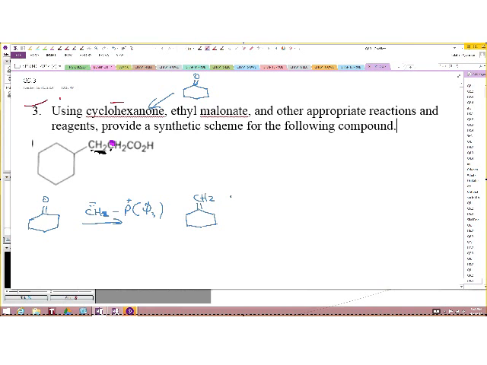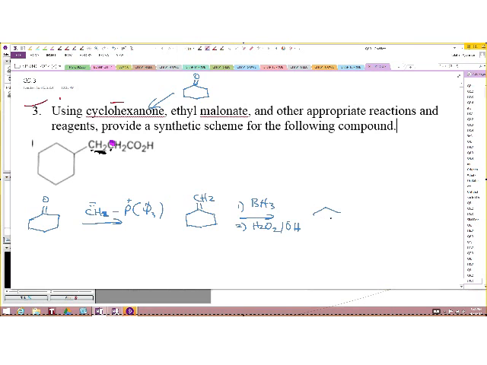Now, once you get that alkene, then what do you do with it? What do you want to do? You want to add water, anti-Markovnikov addition of water? Okay. You know the reagent for that, borane, followed by hydrogen peroxide in basic medium.